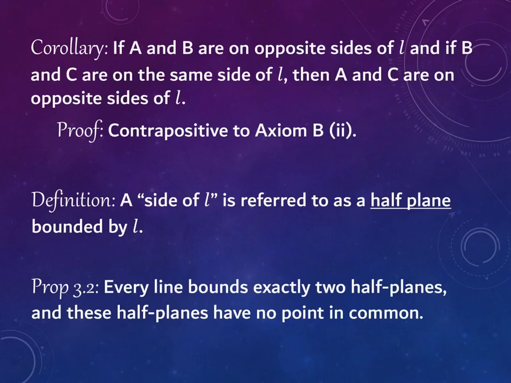All right. Every line bounds exactly two half planes, which sort of makes sense. This is why when anybody starts talking about how many halves are there in a soccer game or how many halves are there in whatever, everybody looks at them like they're crazy. It's half, right? There's only two. The very words themselves define that in our minds that way. But every line bounds exactly two half planes, and the two half planes have no points in common.